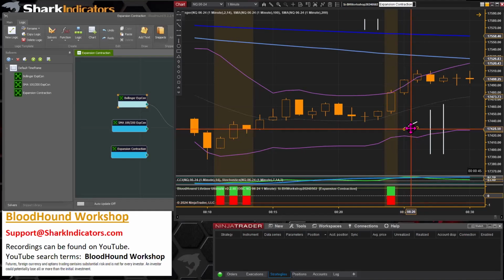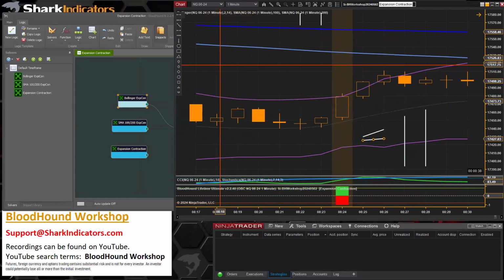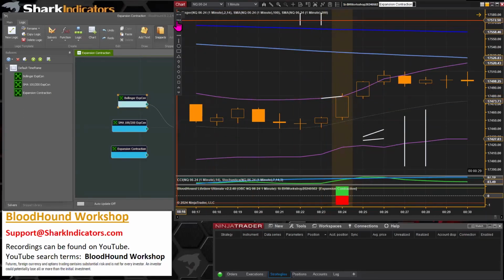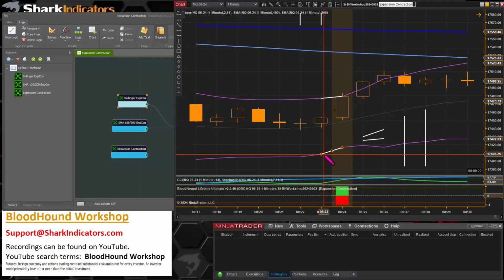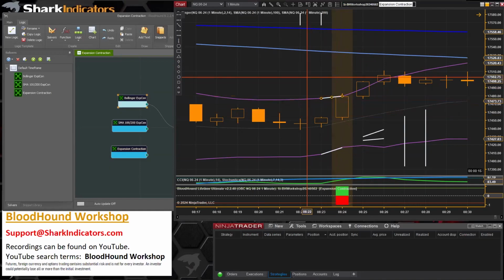Actually, sorry, we're missing a component here. In order to do slope, we actually need 3 bars, because the slope requires 2 bars.